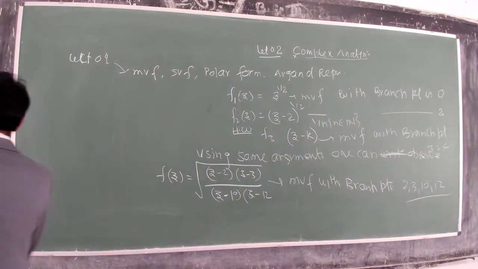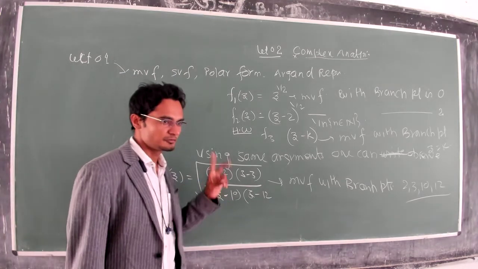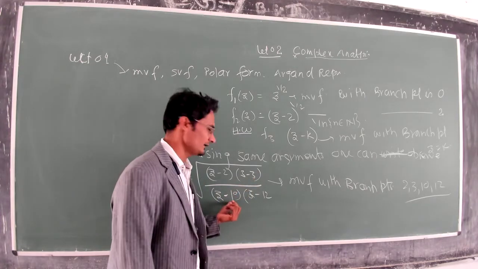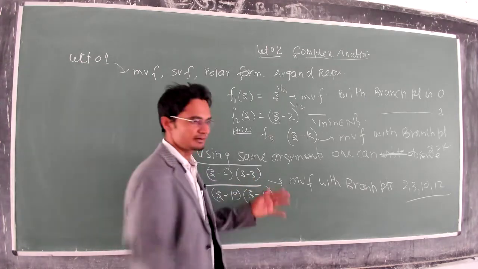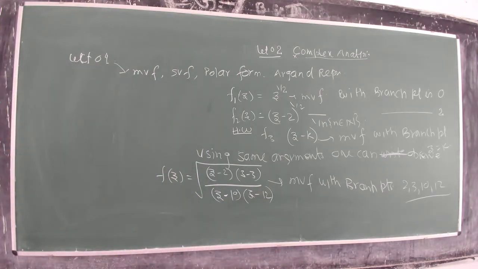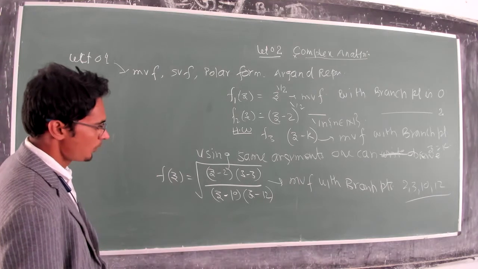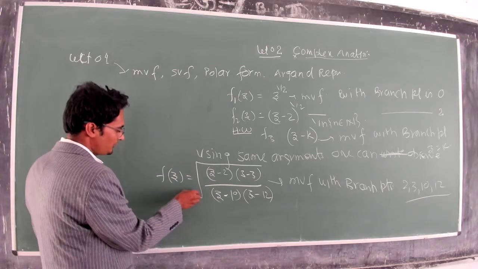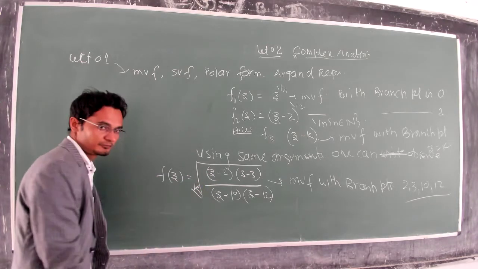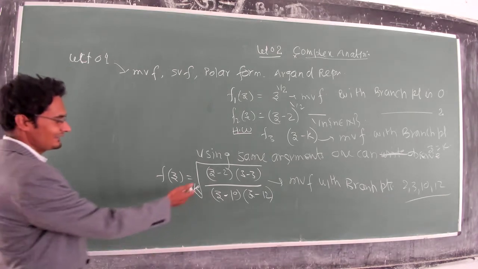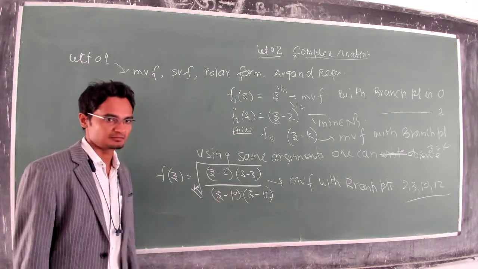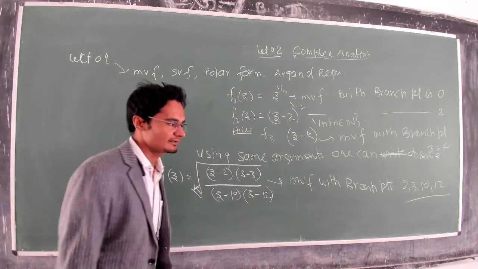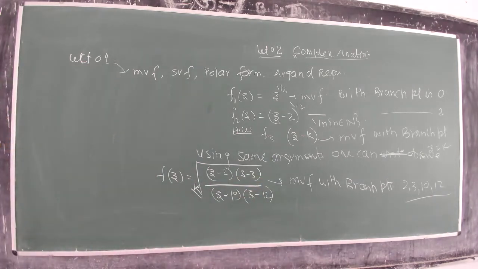Meaning, if you rotate around z equal to 2, you will get two numbers. If you rotate around 3, 10 or 12, you will again get more than one number. There is no speciality here, you can put any number k. So we can generalize: for any function, if the power is not an integer, you will get a multi-value function with a branch point.